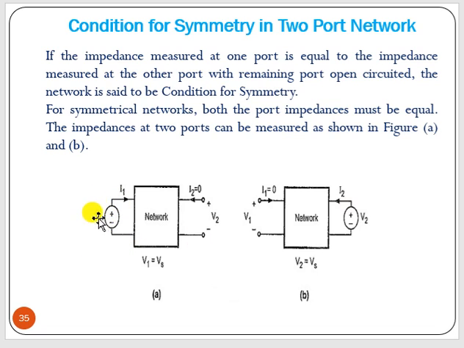We connect a voltage source V1 equal to Vs, and the output port is open circuited, so current is 0, and we can find Vs by I1. For the second case, we connect the voltage source V2 or Vs at the output side and keep the input side open circuited, and find the impedance, that is Vs by I2. If both are equal, then that is the condition for symmetry.